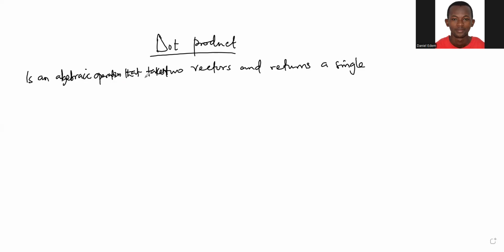It's an algebraic operation that takes two vectors and returns a single number. And that single number happens to be a scalar.